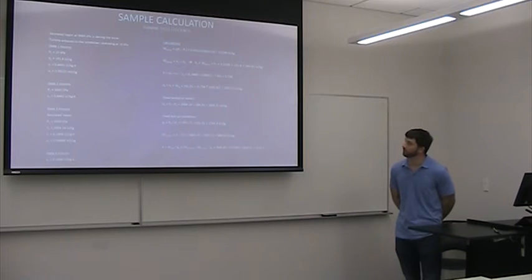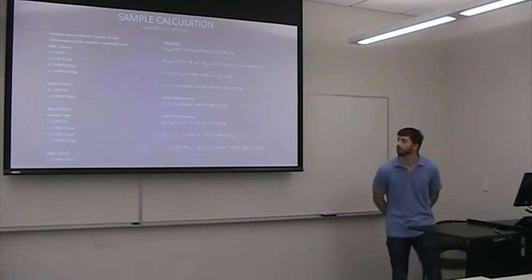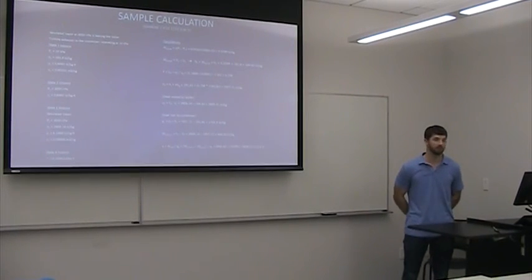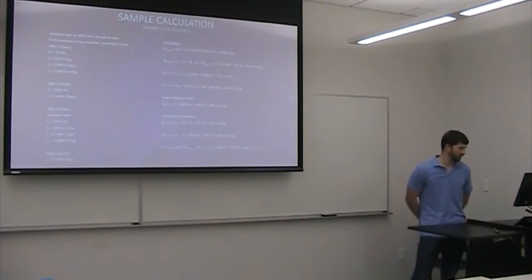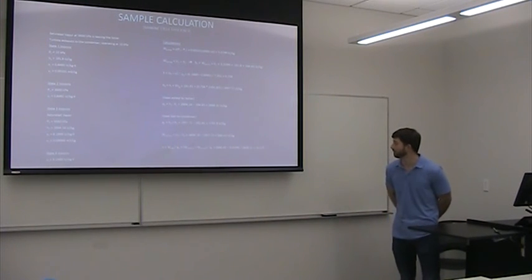So for states 1, 2, 3, and 4, you're either given your information or you can find other relevant information using the tables. And then you can find the work at the pump and some enthalpies and some more Q's and come up with an efficiency of about 32.3%.